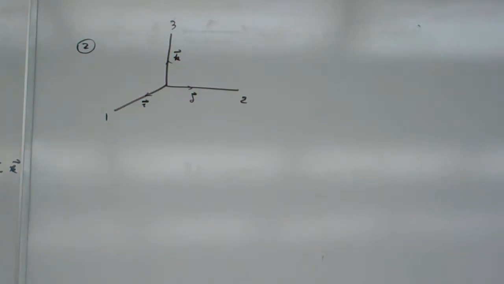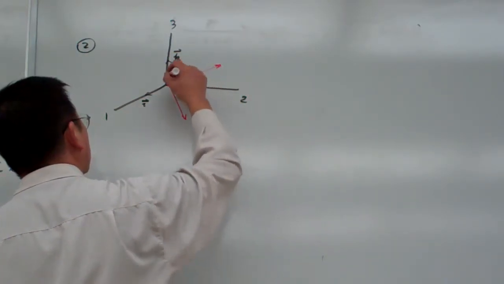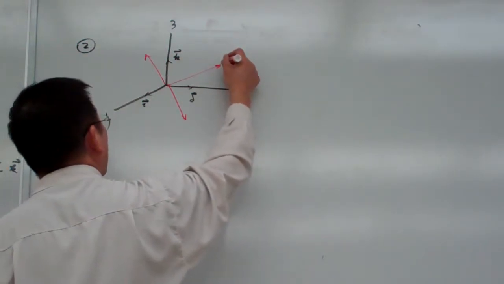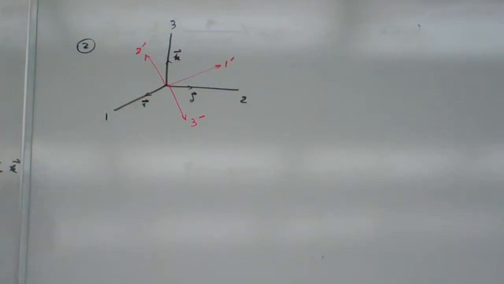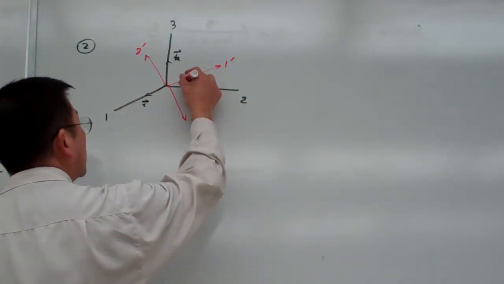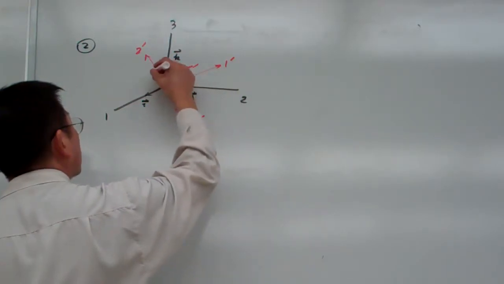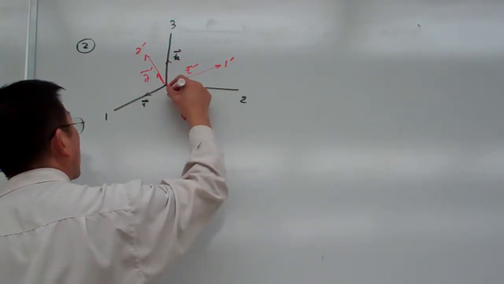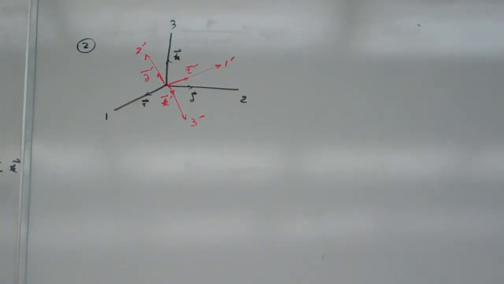And now if we're going to transform the 1, 2, 3 into a different orientation, let me say this is 1 prime, 2 prime, 3 prime. Okay, so that means in each direction we have i prime, j prime, and k prime, the unit vectors.